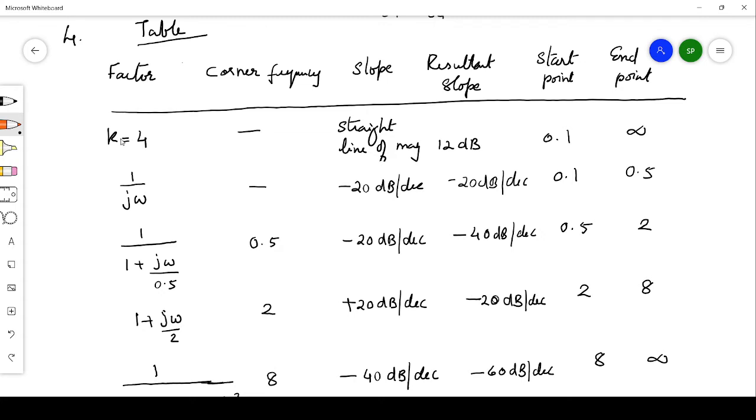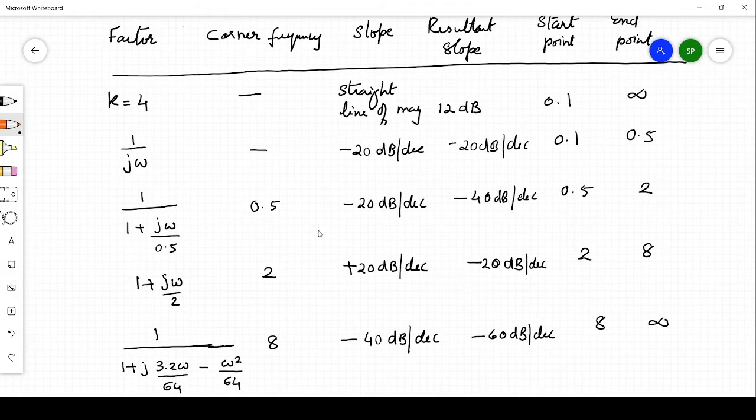The first term is the constant factor, equal to 4. For a constant factor there is no slope, so it is a straight line of magnitude 12 dB. When you draw the Bode plot, you should select a starting frequency depending upon the least corner frequency available in the question.